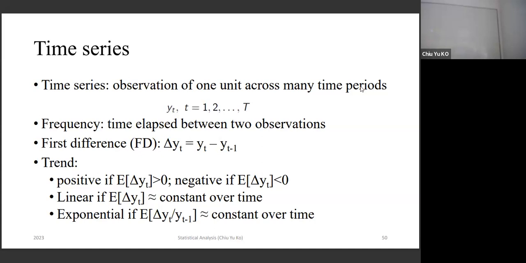You can easily imagine relative difference as also a case to study. Then there is the trend: upward trend, downward trend, linear trend, exponential trend. Why do you care? Because when you have a trend, your regression will be wrong. So all the time you have to detrend your data, and there are many ways to detrend.